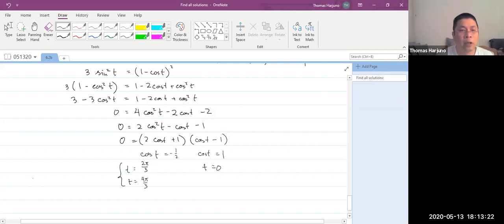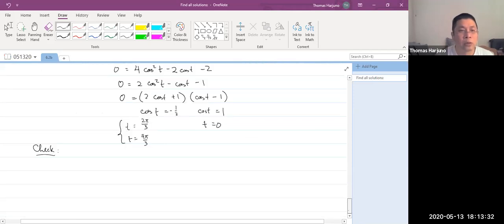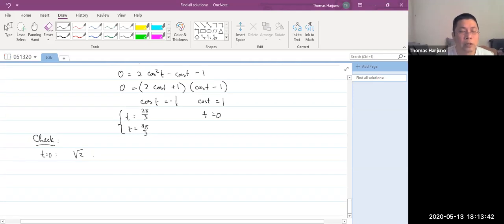Now again, from there we check. So t equals 0 first. Square root of 3 sine t plus cosine t equals 1 at 0: 0 here, 1 here. So 0 plus 1 equals 1. That's true.